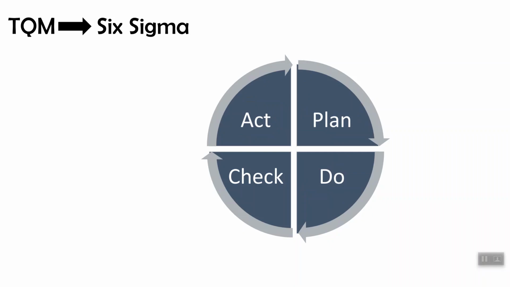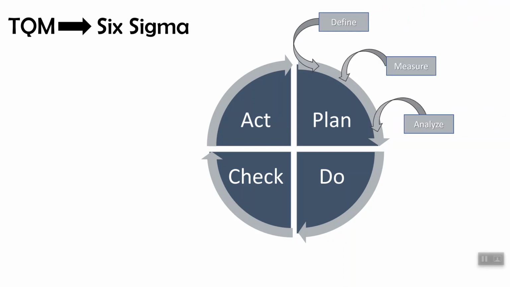You can see in this graphic how Six Sigma lines up with TQM, Plan, Do, Check, Act. In the TQM planning stage, you need to identify the problem, which requires defining, measuring the baseline, and identifying root causes. When you identify a potential improvement, you should pilot a small-scale change to the process and then measure the results.